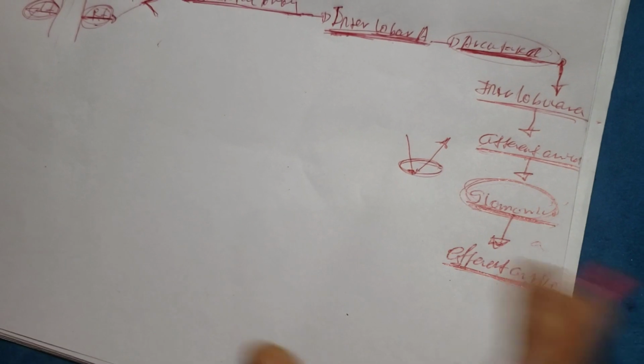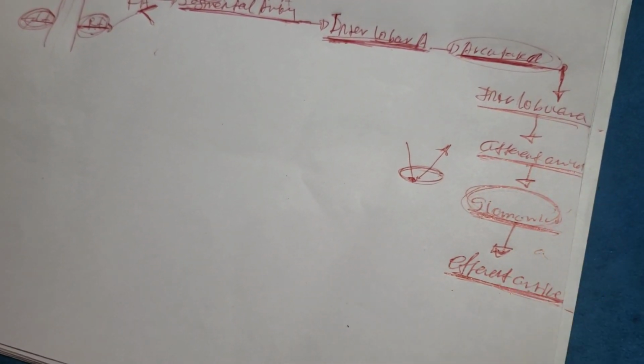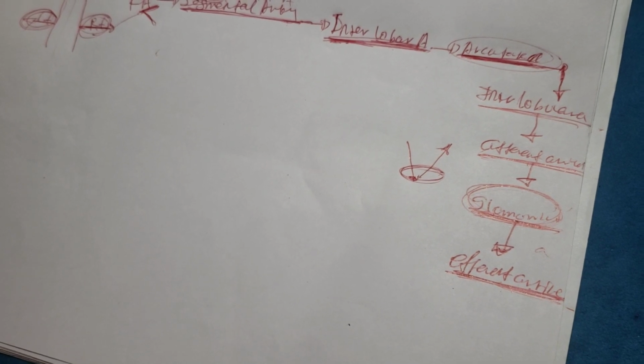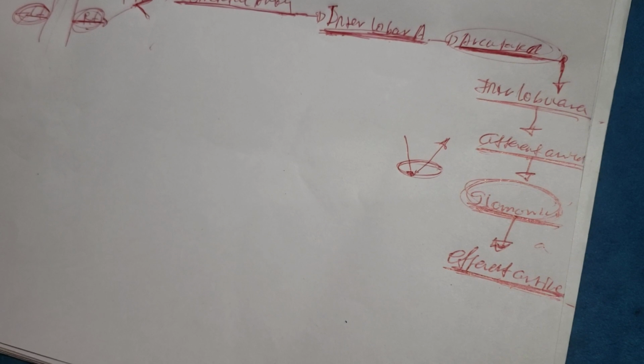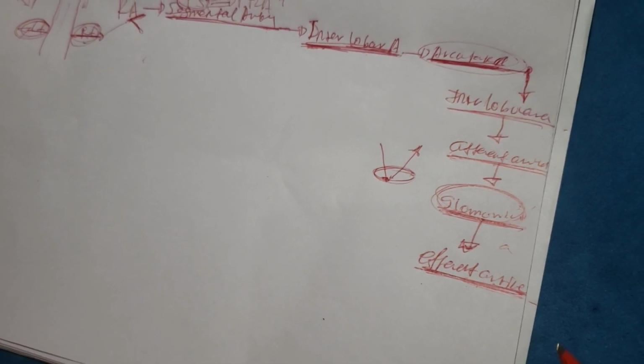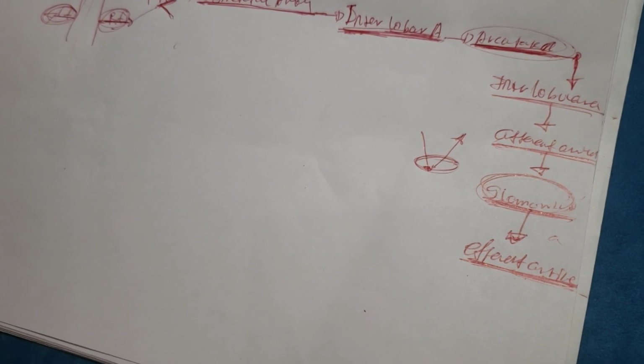By the way, the glomerulus is the only capillary that is found between an afferent arteriole and an efferent arteriole. That means it is found between two arterioles. As you know, all other capillaries in the body are found between venule and arteriole. For instance, there is a large artery, medium artery, small artery, then arteriole, then capillary, then venule, then small vein, medium vein, large vein.